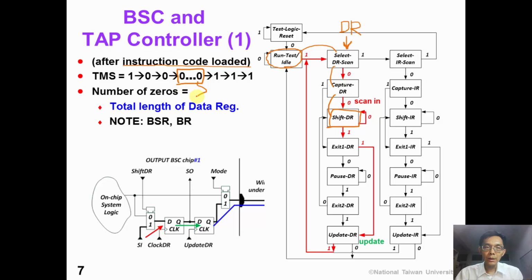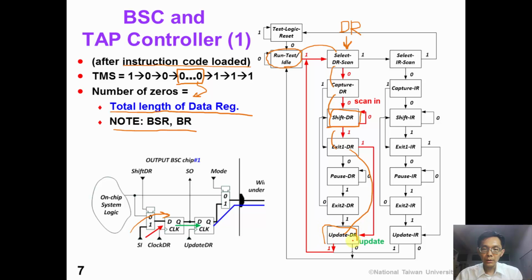Please note that the number of zeros is equal to the total length of data register of all chips on the board. The data register includes boundary scan register as well as bypass register. After we shift in all the test data, we apply the TMS sequence 1, 1.